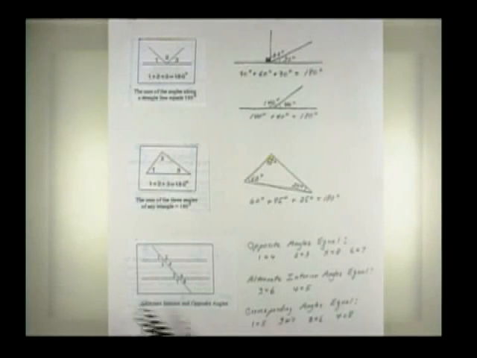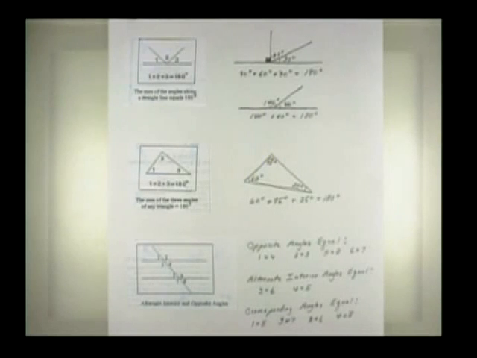These angles are pairs including 3 and 6, they have the same measure, and angle 4 is an alternate interior angle with angle 5. Corresponding angles are equal. These angles are pairs 1 and 5, 3 and 7, 2 and 6, and 4 and 8.